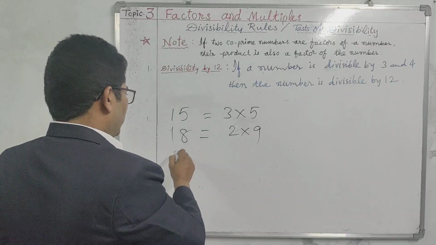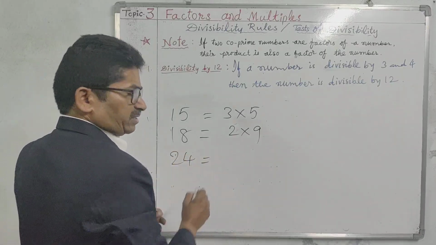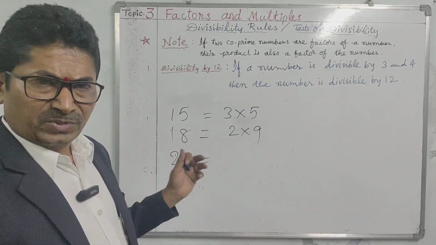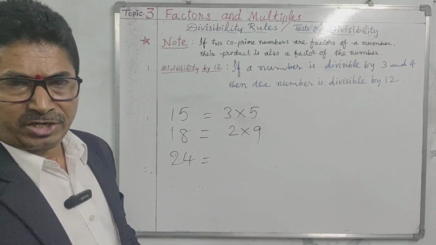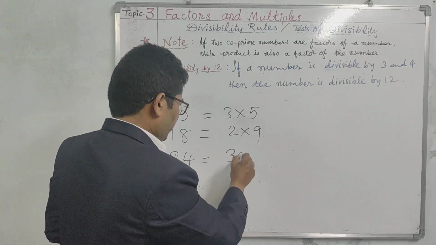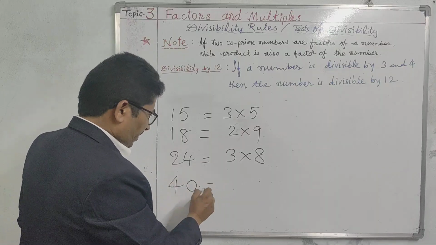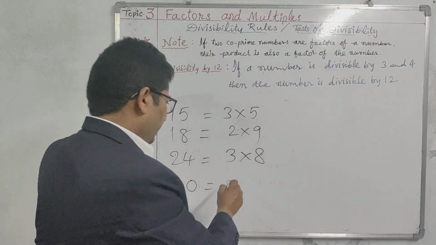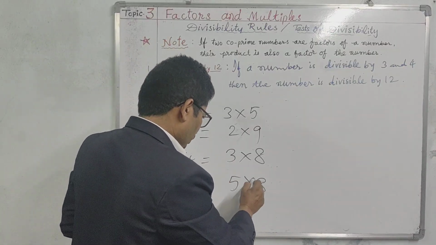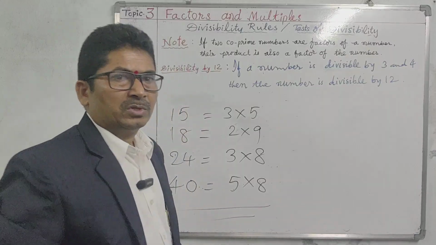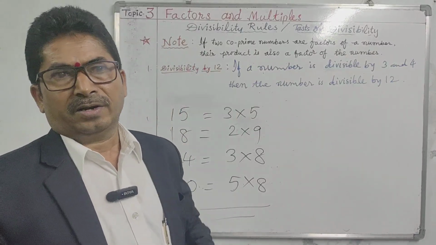Next, 24. If a number is exactly divisible by 3 and 8, then the number is exactly divisible by 24. 3 8s are 24. Next, 40. If a number is exactly divisible by 5 and 8, then the number is exactly divisible by 40. So like this we can understand.